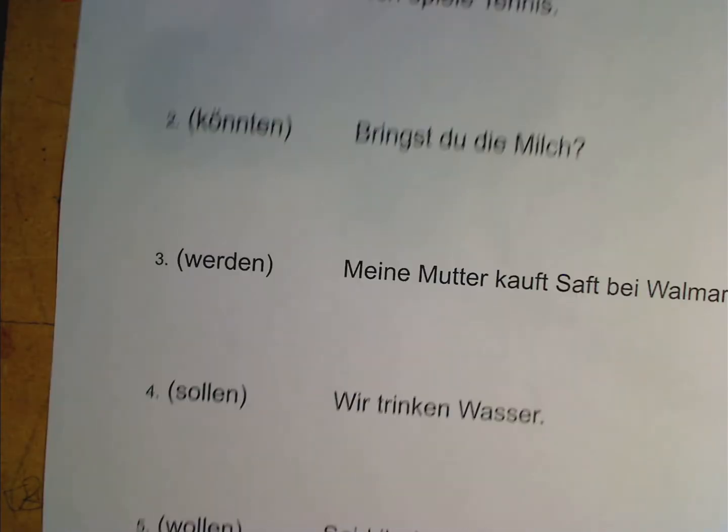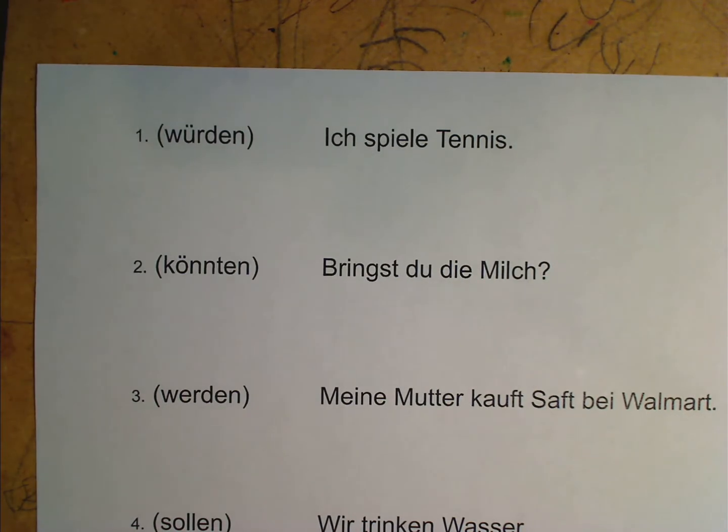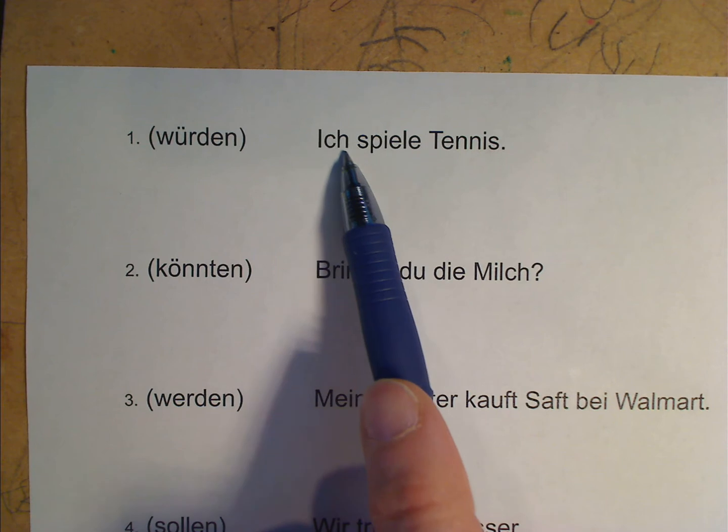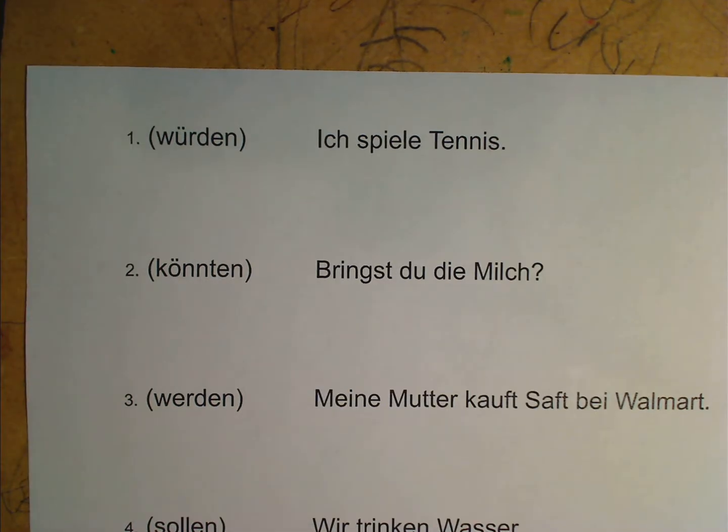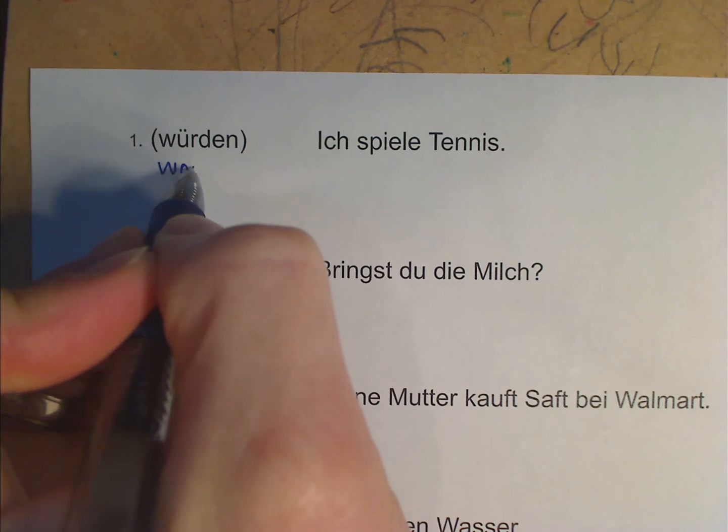What we're going to do next is practice injecting some modal auxiliary verbs into a sentence. Here we have Ich spiele Tennis. I play tennis. We want to make this I would play tennis.